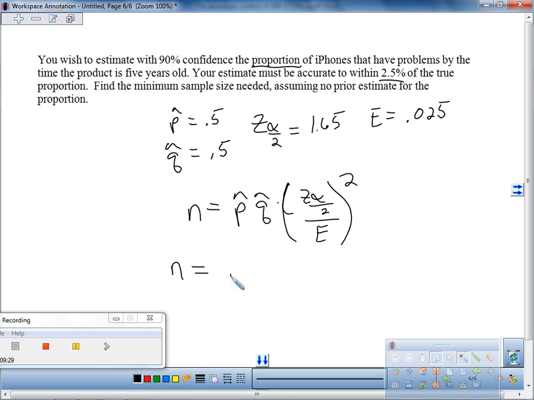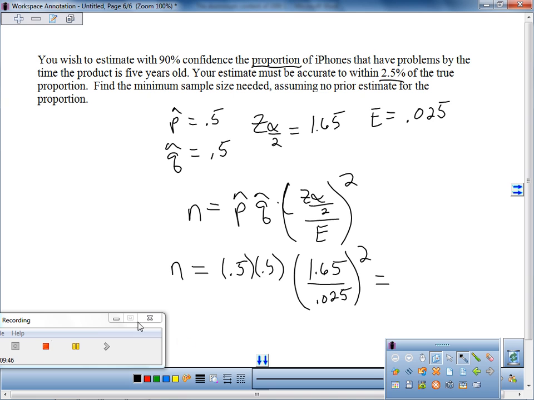So we'll end up with 0.5 times 0.5 times 1.65 over E, which is 0.025, and we're going to square that. Okay, so when we plug all this in, we'll end up with 1089 for our sample size. So for sample size, always remember to round up. Estimate p-hat if not given, if you're looking at proportions, so be careful with that.